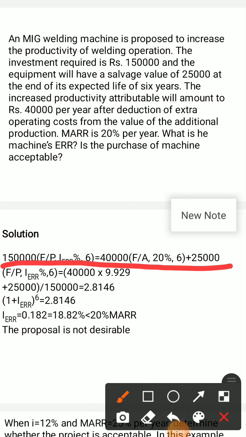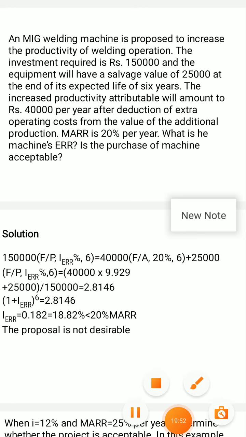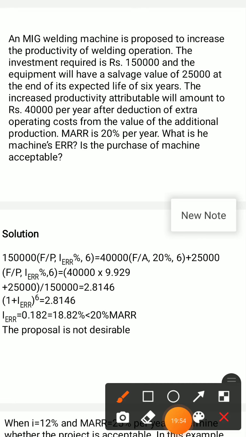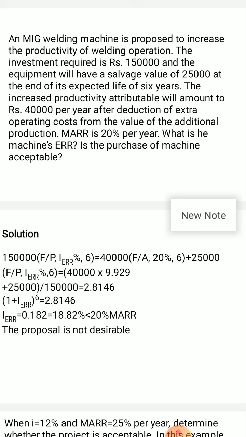This example is similar to what we discussed in the previous project condition. After simplifying this equation, you will get some interest rate IERR like this, 18.82%.